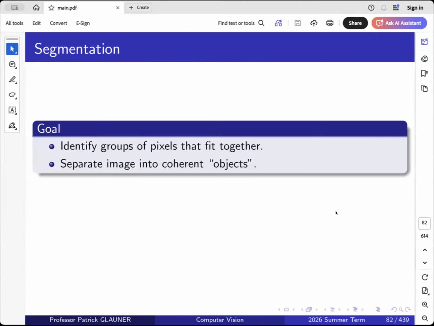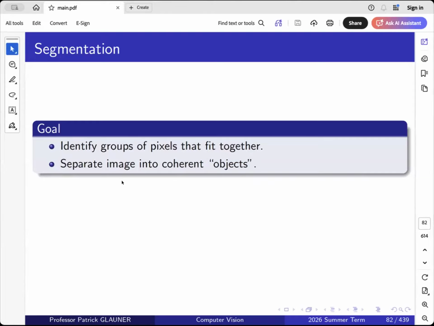That's this chapter. So our goal in segmentation is, so far we have seen pixel images, and we've purely looked at individual pixels. Now, we want to identify groups of pixels that actually fit together. And so we want to separate an image into these coherent regions or objects, but they are not actual objects that we want to recognize.